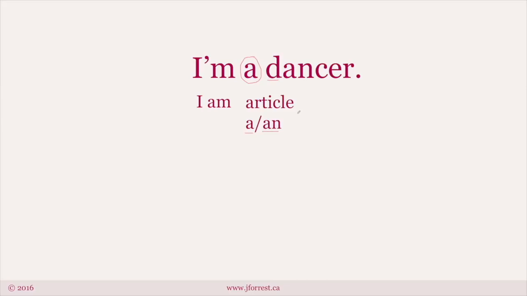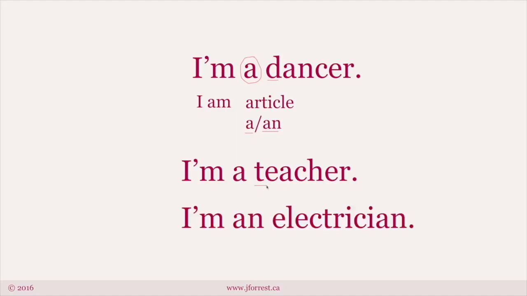I'm a dancer. Now, we could also say, I'm a teacher. Again, we're starting with a consonant, so I need a. But what if I said, I'm an electrician? So here, I'm starting with a vowel, so I need an. I'm an electrician. But notice I'm using contractions the whole time.